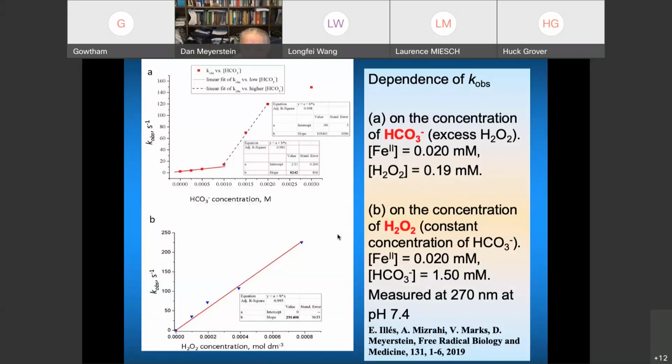Even at the left part, you can see that a very low concentration of bicarbonate, less than 1 millimolar, accelerates the rate by a factor of 10 or 5. But if you add more bicarbonate, the rate increases dramatically, and you get an increase by a factor of hundreds. So something dramatic happens.